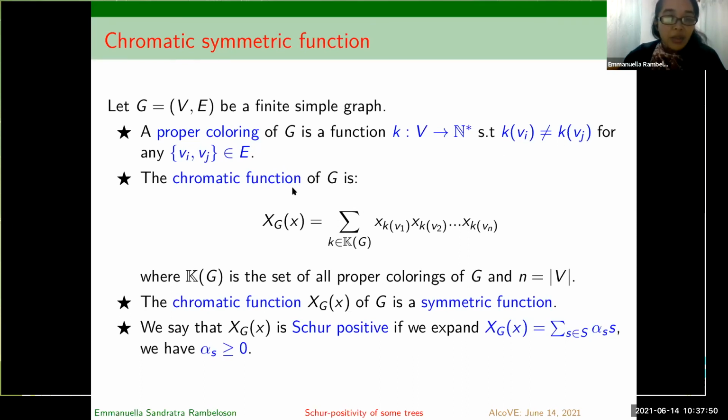Now, the chromatic symmetric function of J is this sum here.